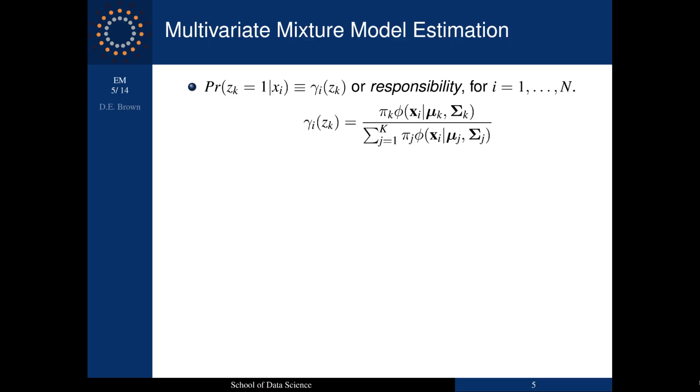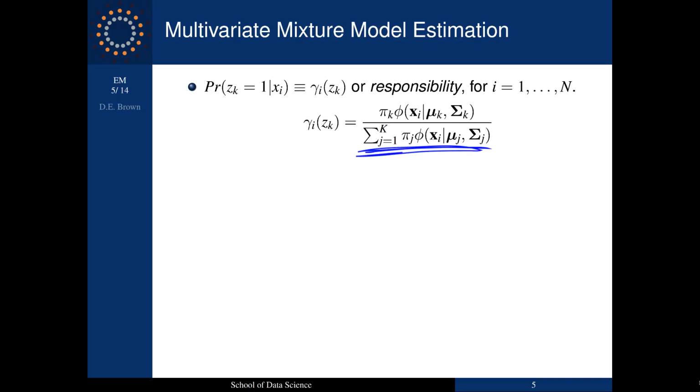So if we look at the definition of this, then it's nothing more than the weighted product. It's the weighting or mixture probability, pi of k, times the multivariate Gaussian likelihood or density of observing that xi given the parameters for that component, which are mu of k and sigma of k.